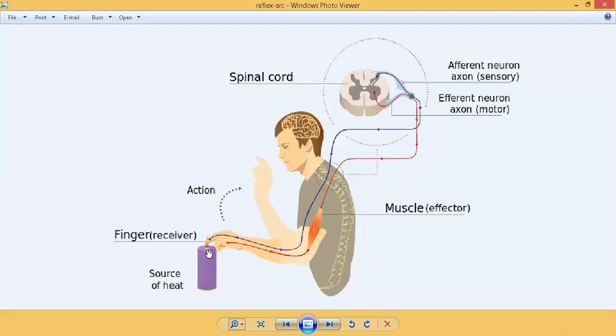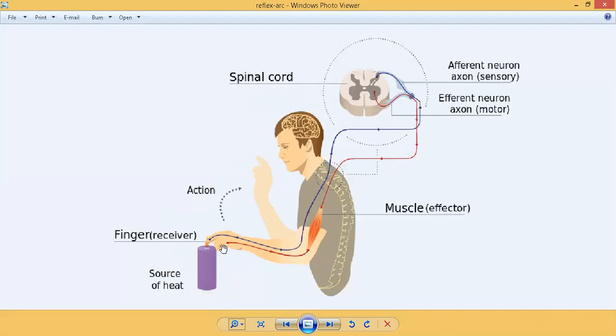Reflexes of this type are protective. The main purpose of these types of reflex action is that they are protective in nature. They protect from injury. Had there been no reflex action, the finger or the part of the body would continue to be injured.